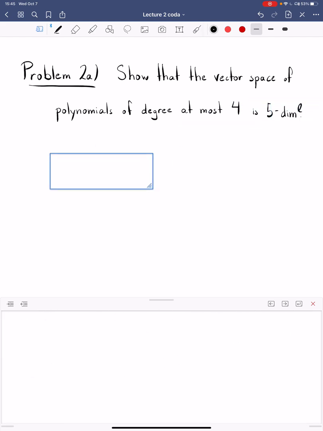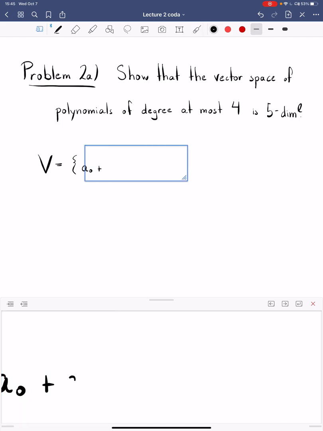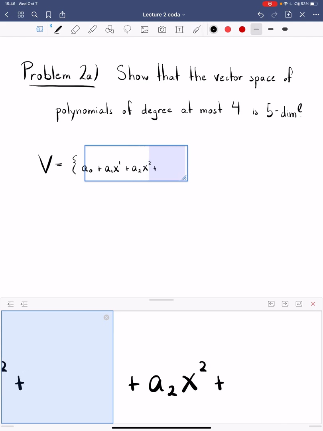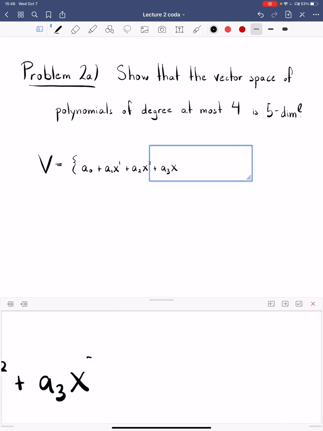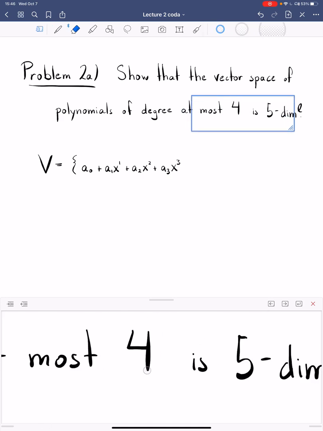So how would you solve something like this? Let's first make sure we know what kind of space we're talking about. What does V look like? This is the set of all polynomials of degree at most 4. These are things that look like a0 plus a1 x to the 1 plus a2 x to the 2 plus a3 x to the 3. I don't want to write too much, so I'm going to change this to 3.